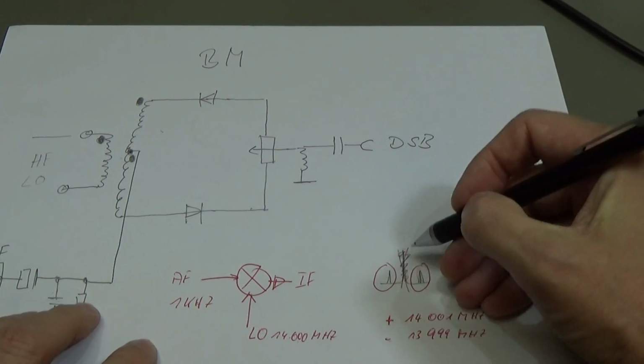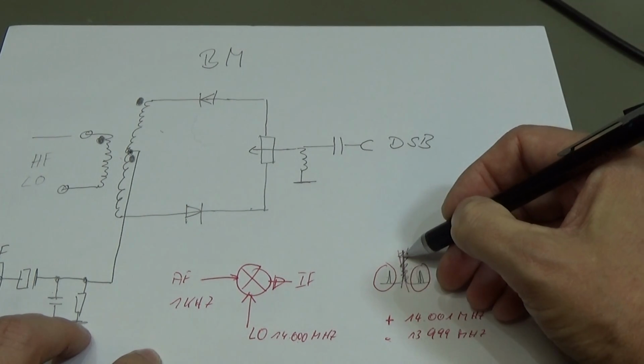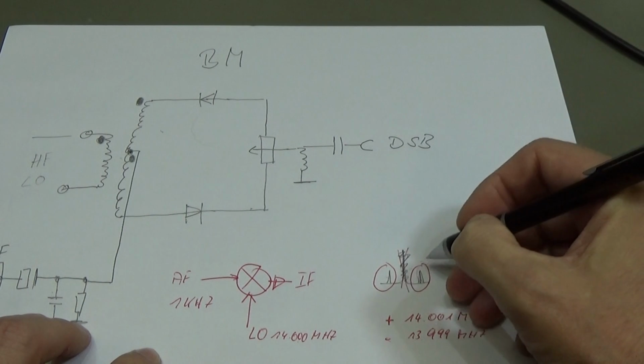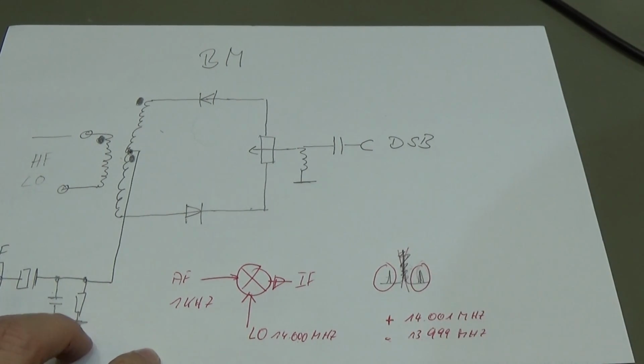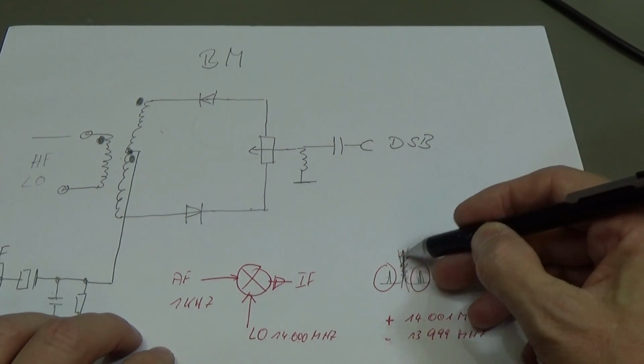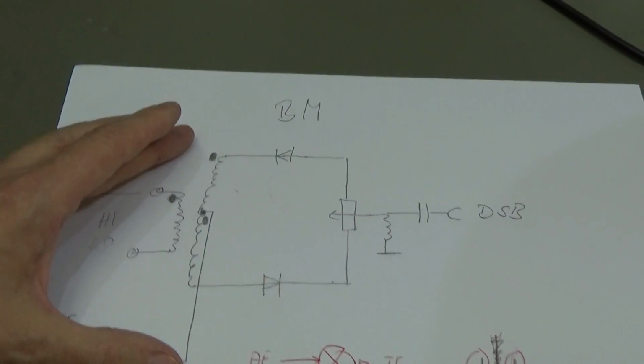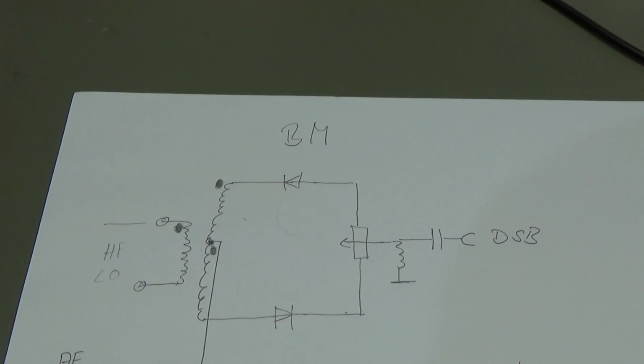Our carrier will consume energy, and we would rather have this energy for our sidebands. Therefore we simply want to reduce it, and this balance modulator will do it.